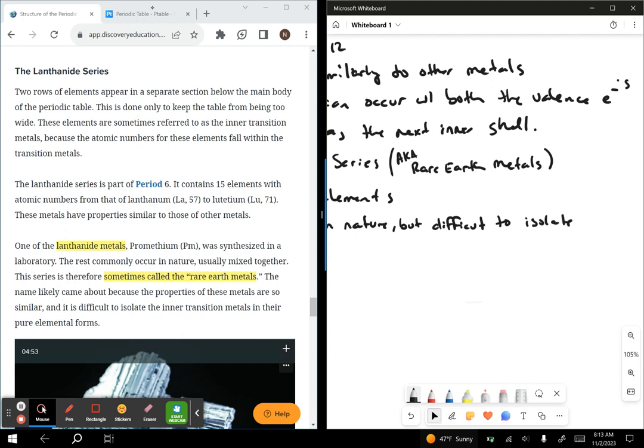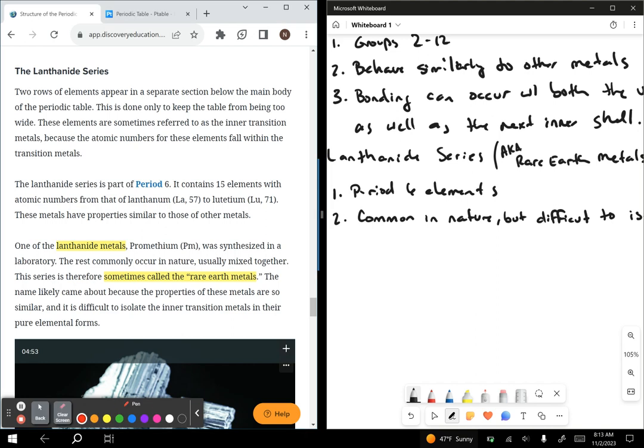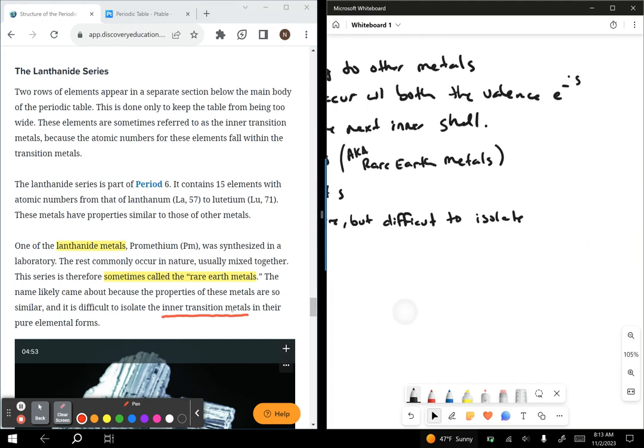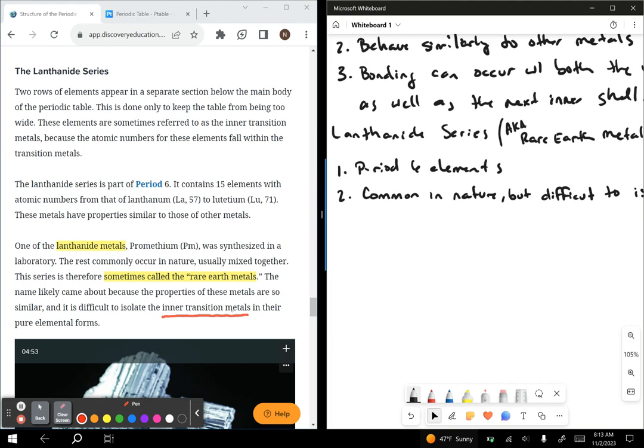Okay. These are also known, if you take a look here, as the inner transition metals. Okay. It is difficult to isolate in their pure forms. And that's why they call them lanthanide, a Greek word meaning to hide, to be hidden. Okay.